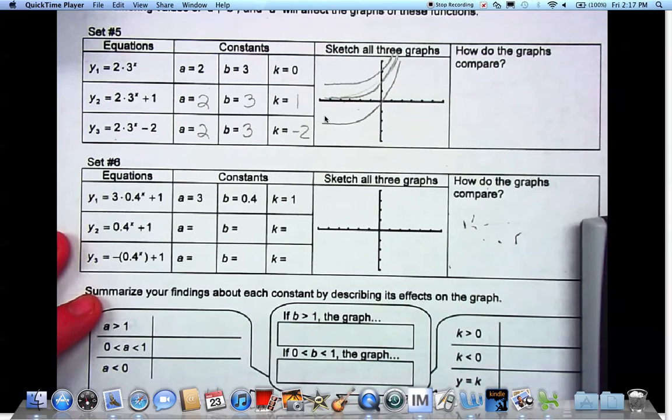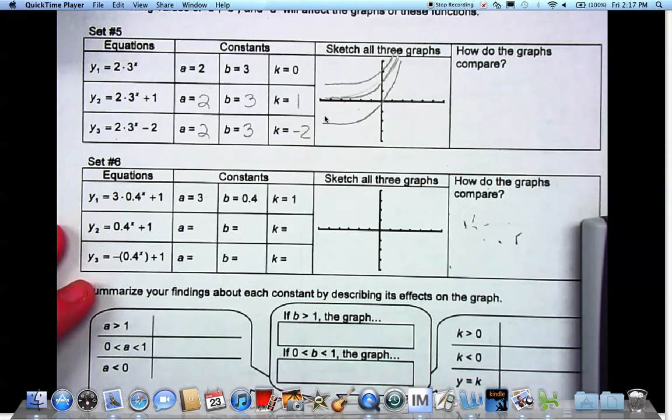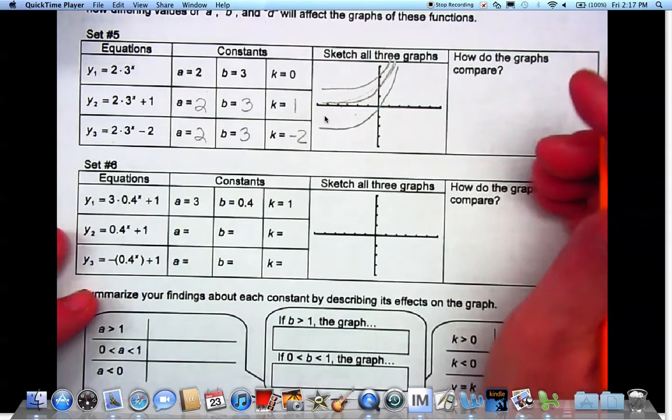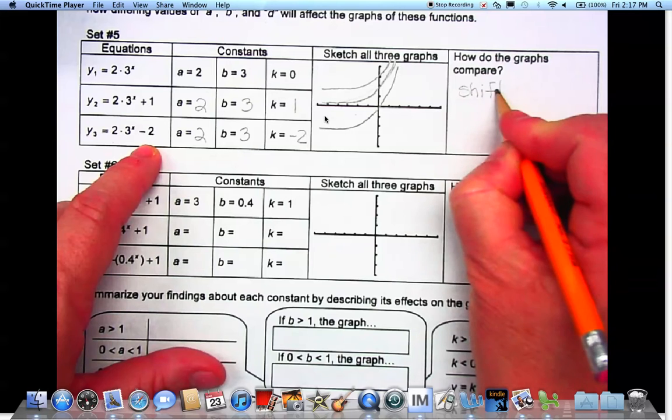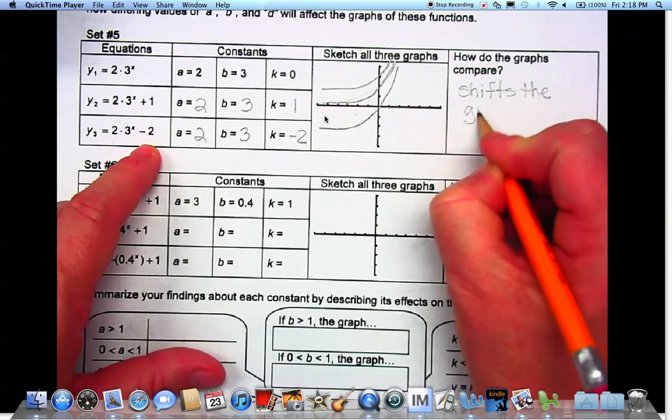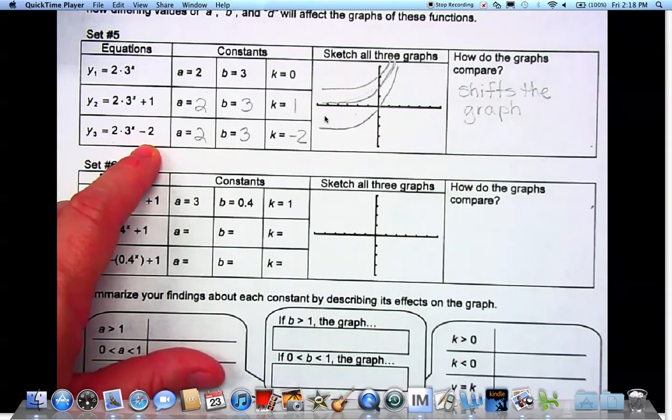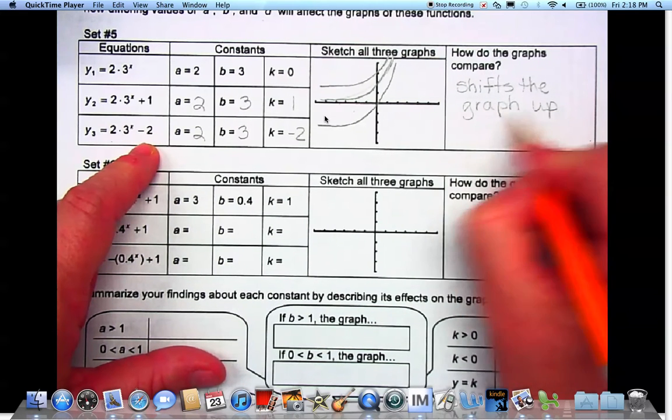Okay, you were right. It did move up 1, and it did move down 2, didn't it? Okay, so adding 1 and subtracting 2 shifts the graph how? Up or down. Or you could say vertically.